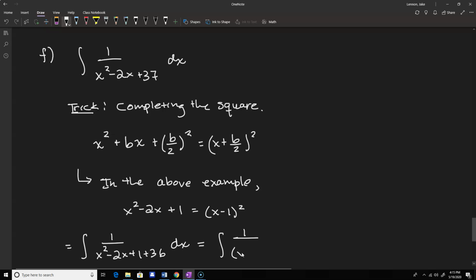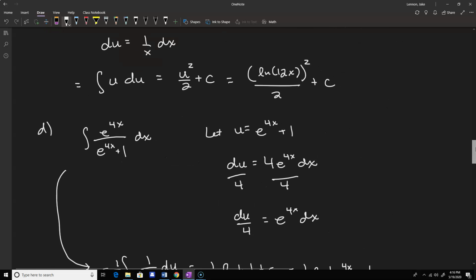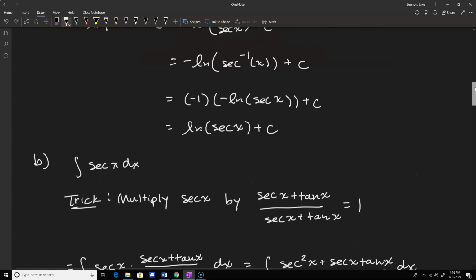So we'll have (x minus 1) quantity squared plus 36, which we can write as 6 squared, dx. And again, this is going to basically fall back to an inverse tangent type of situation that we had last example. So let's go ahead and find that in the table and just use the table instead of going through the inverse tangent argument again.